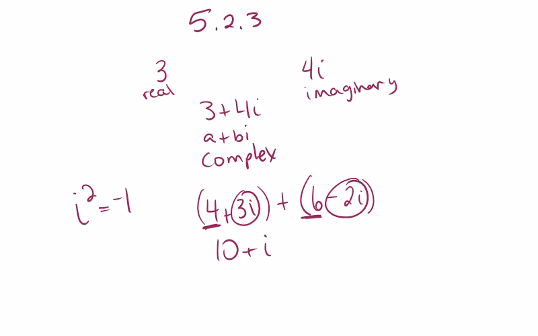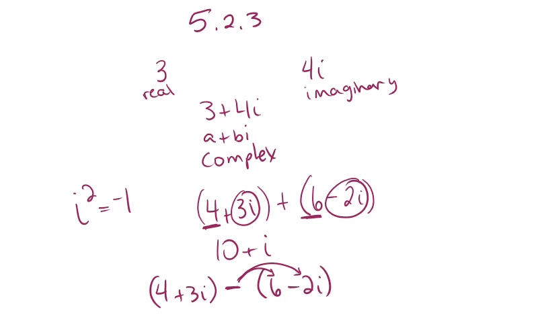Also, if I subtract that, this is where they get you. 4 plus 3i minus 6 minus 2i. Okay, this minus sign is in front of a parenthesis, so what does that mean? Yes, it's going to go to everything inside the parentheses. Bonus points if you know which math property that is.